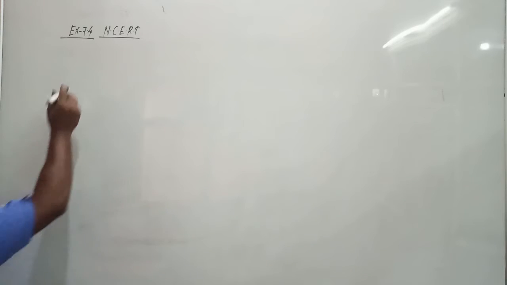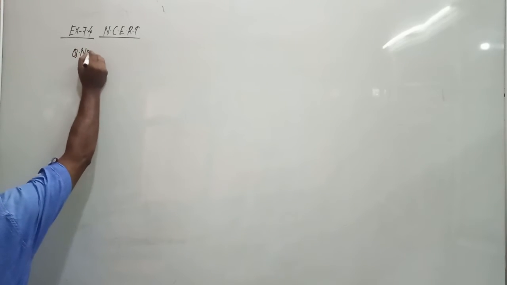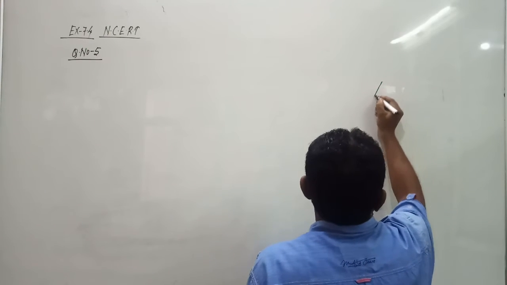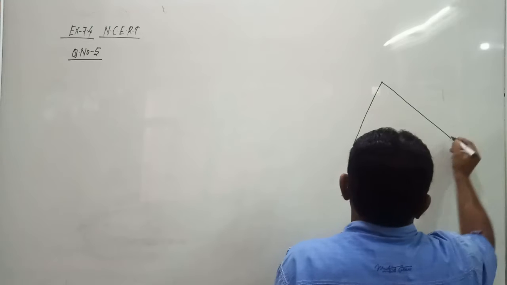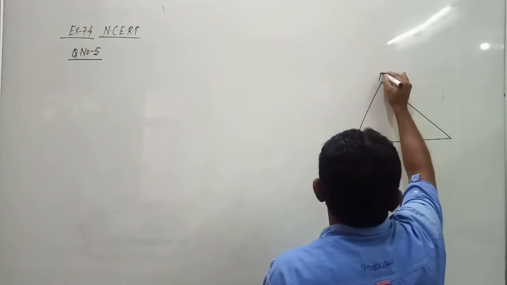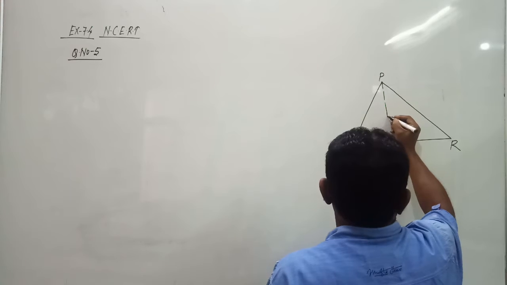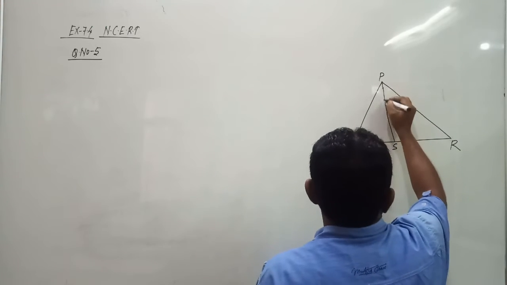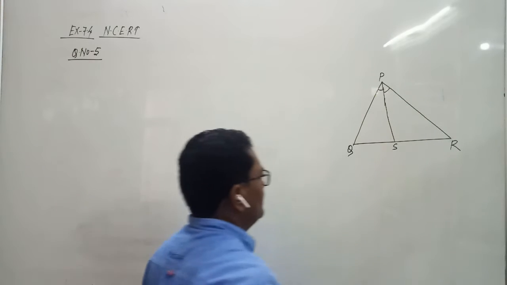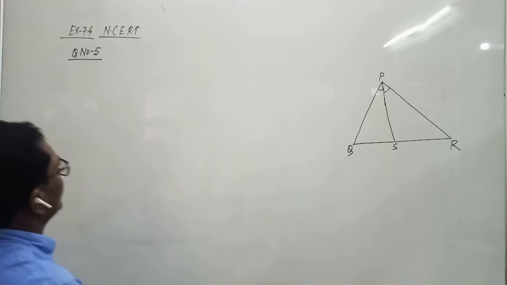Now question number 5. Given triangle PQR, PS is the bisector of angle P and PR is greater than PQ.